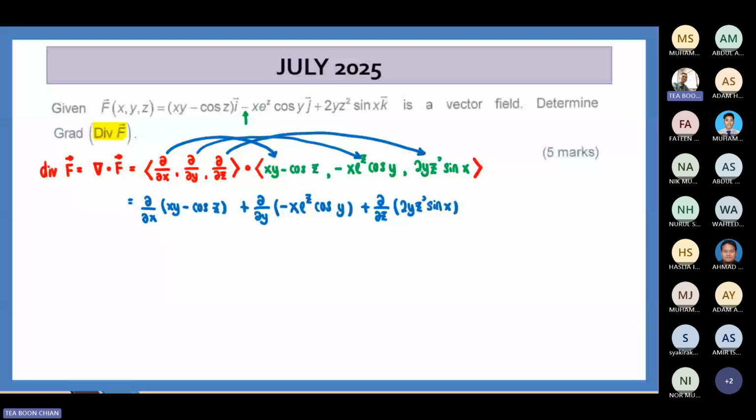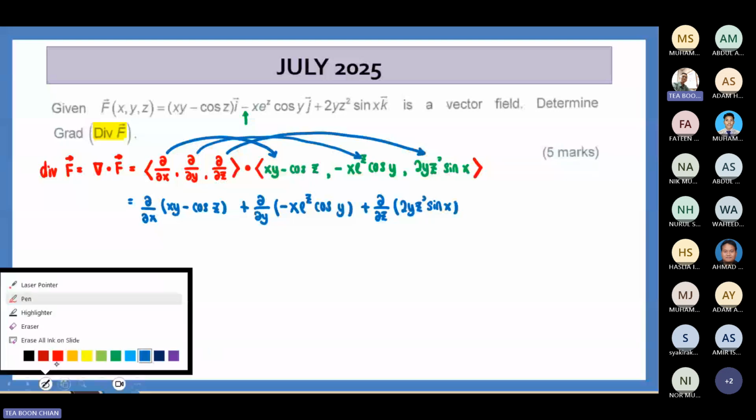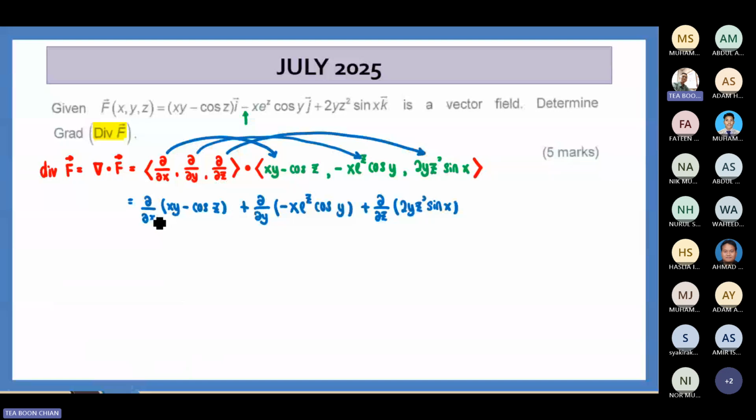Make sure you can identify the correct variable you want to differentiate. So you differentiate with respect to x here. So xy is differentiated with respect to x into y. Cos z, 0, because cos z has nothing to do with variable x.